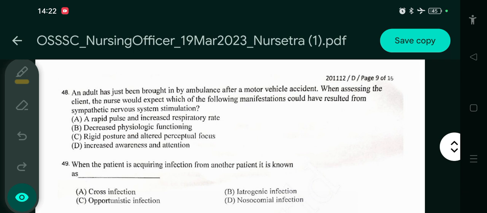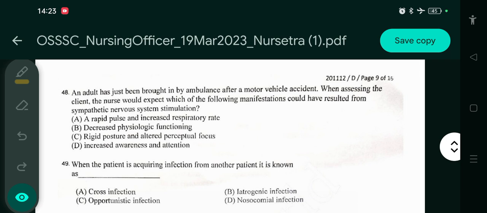The question is asking about when the sympathetic nervous system is stimulated. What symptoms can manifest in stimulation of the sympathetic nervous system? You can find the fight and flight action. In fight and flight action, the patient has high blood pressure, hypertension, tachycardia, tachypnea, increased heart rate, increased respiratory rate, dilated pupils.